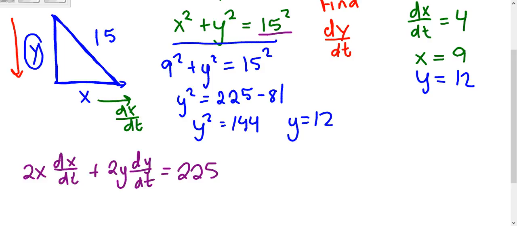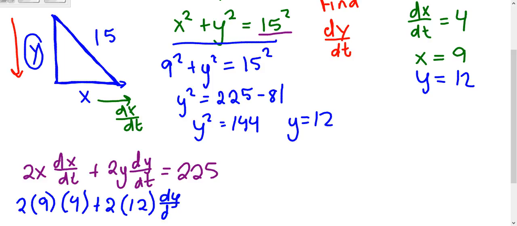Now we plug in all of our knowns and find out what we need to. 2 times x, which is 9, dx/dt is 4, plus 2 times y, we figured out was 12, dy/dt is what we are figuring out, equals, and the derivative.